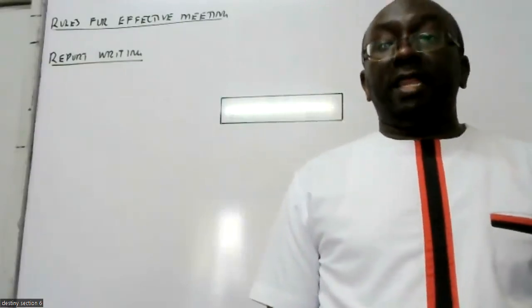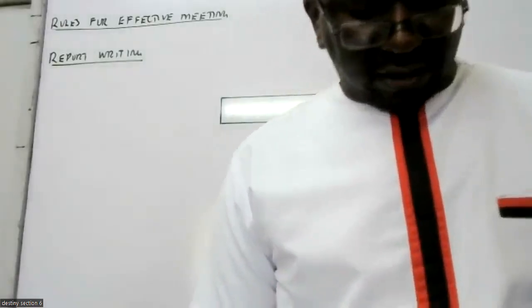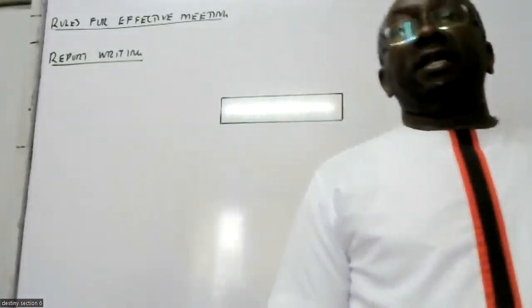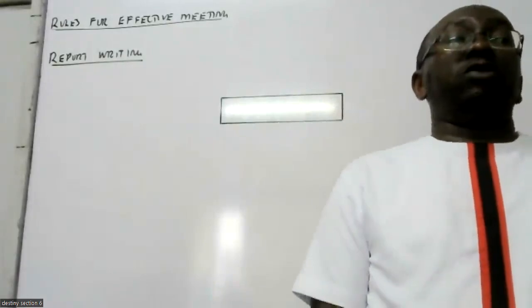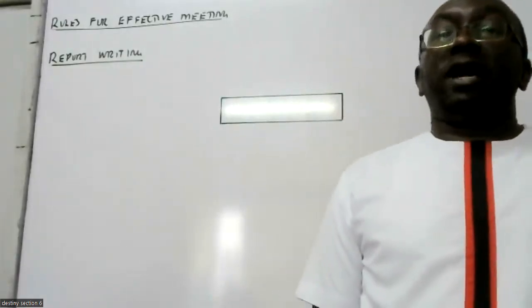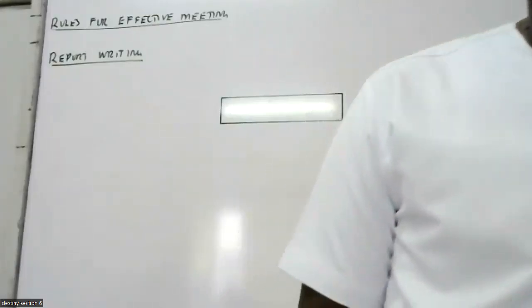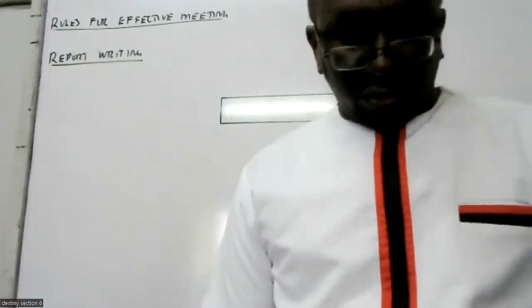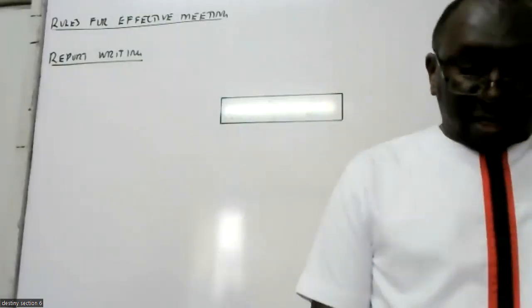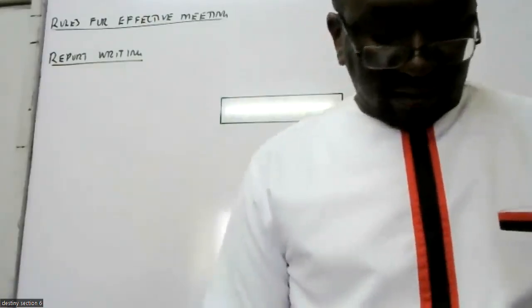Yeah, so basically that is what we call a report. We are saying it's a systematic presentation of information that relates to a particular event. Like now you can be told to write a report about this class. So you tell us what has happened, how it began, how it went on, how it ended. So you give us a systematic presentation of the progress of action, an event, or some business activity.